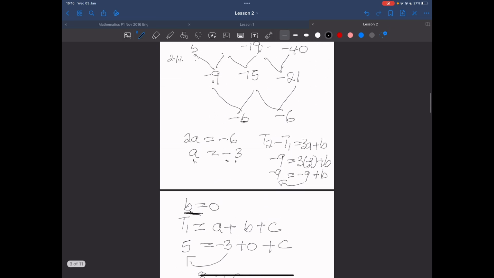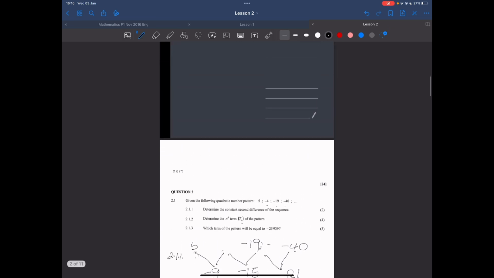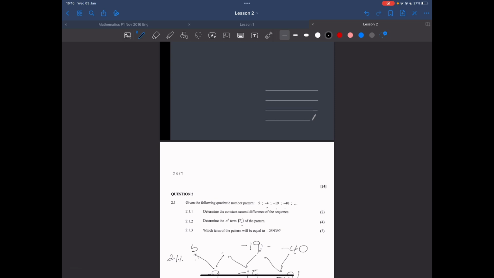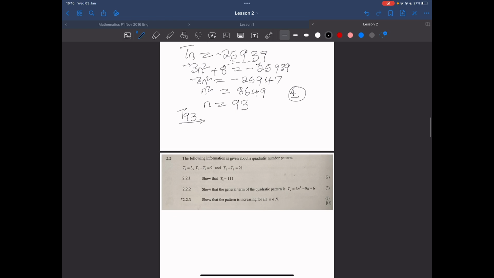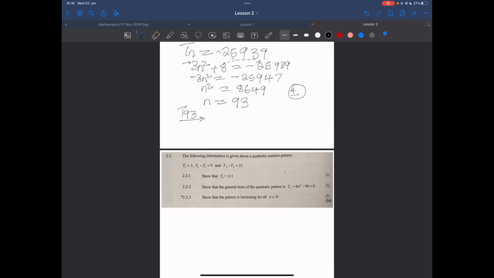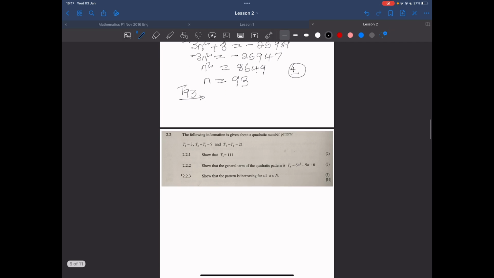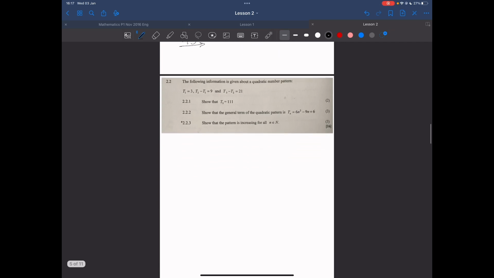Right, so that was November 2017. So I'm going to take another example. There it is. This one was written in November 2023, question 2. It's one of those nice questions that we came across.